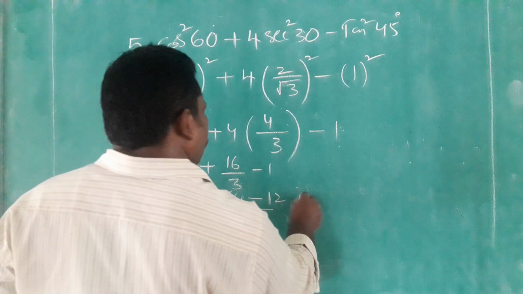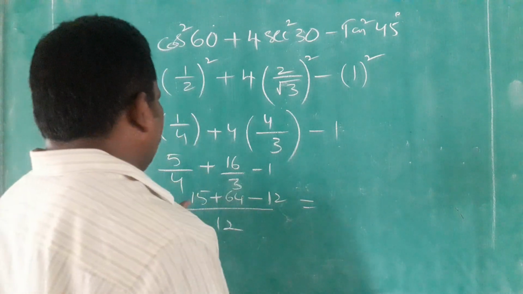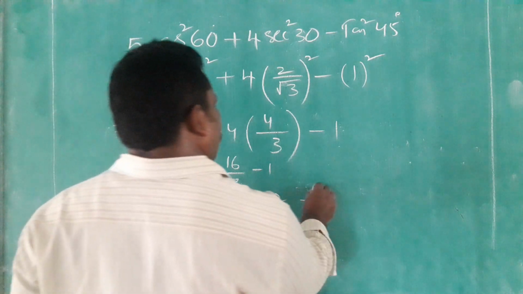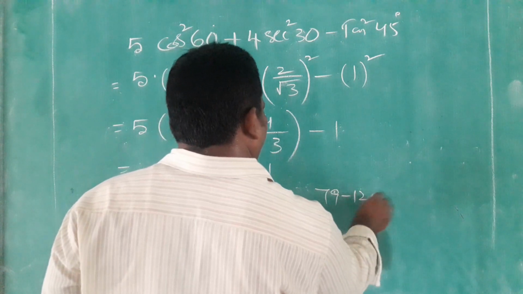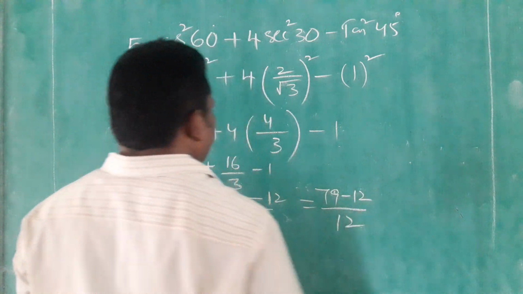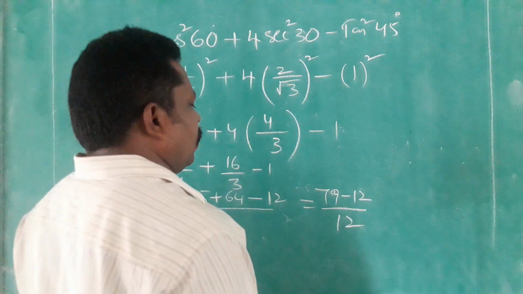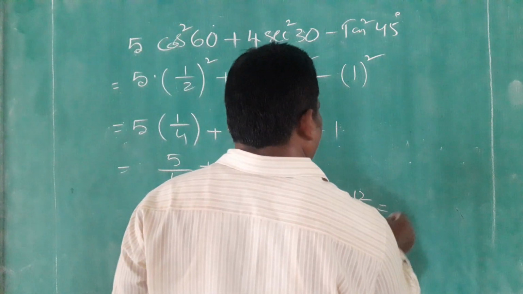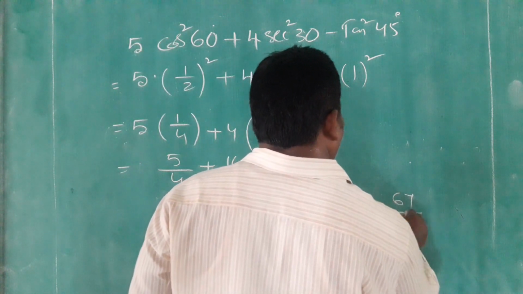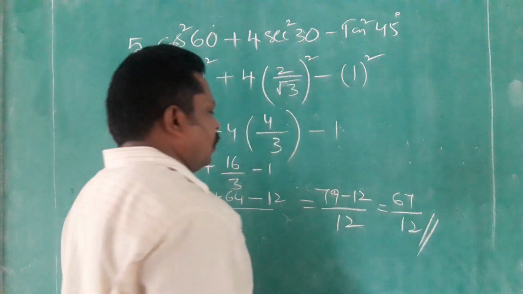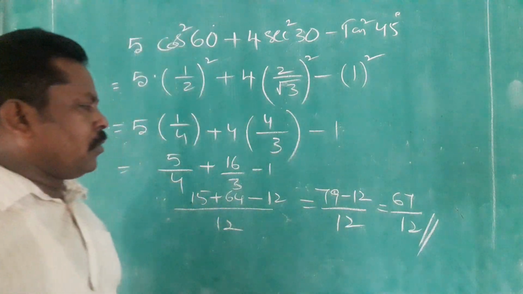Which is equal to 15 plus 64 is 79, 79 minus 12 by 12. 79 minus 12, how much? 67. 67 by 12 is the answer.